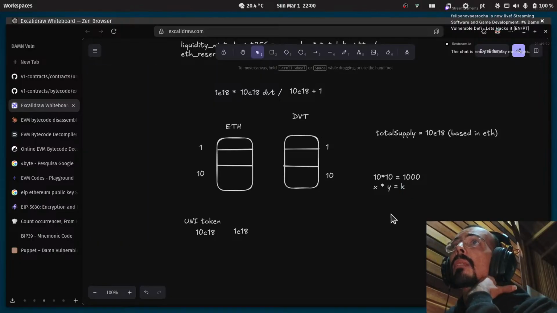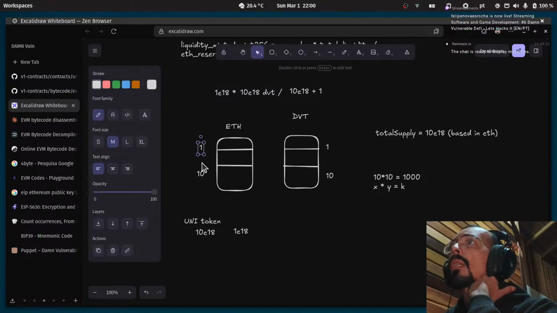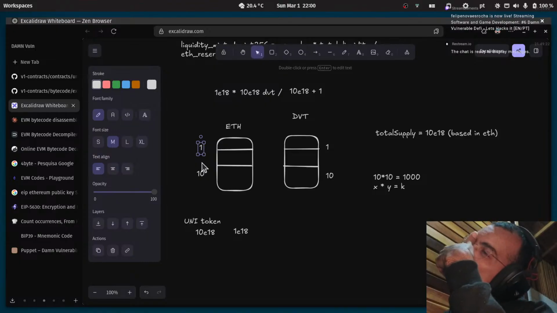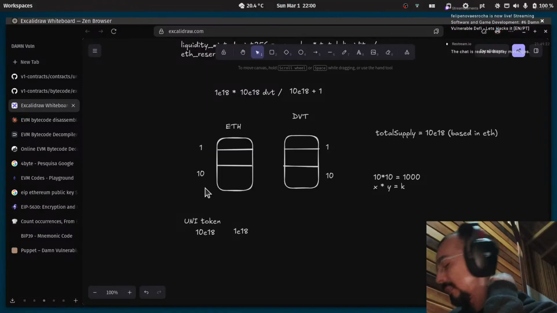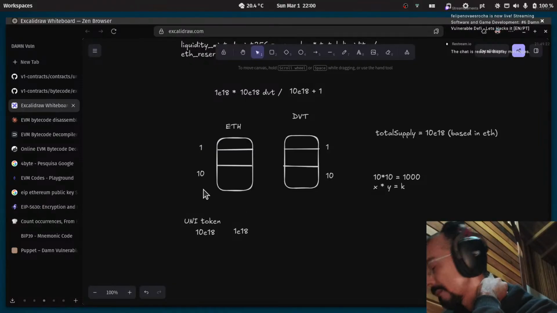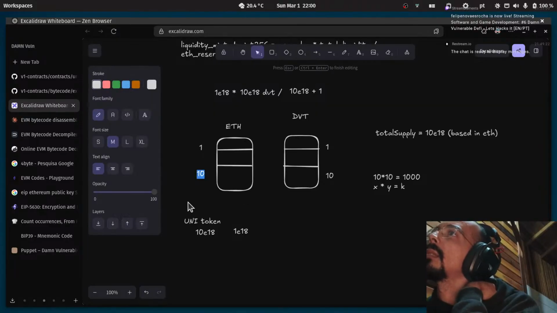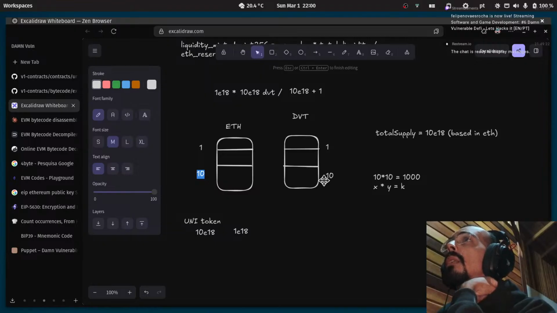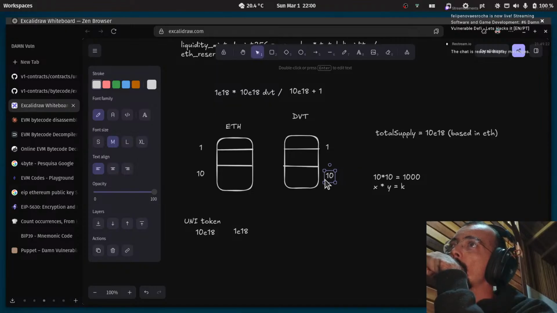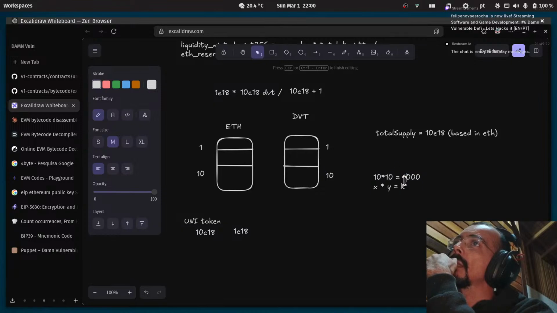It means if I want to take 1 Ethereum here, I'm gonna need to give DVTs, right? And the constant needs to stay constant.